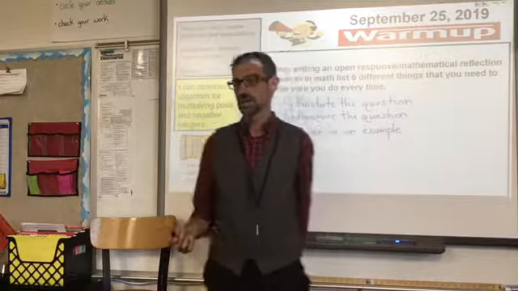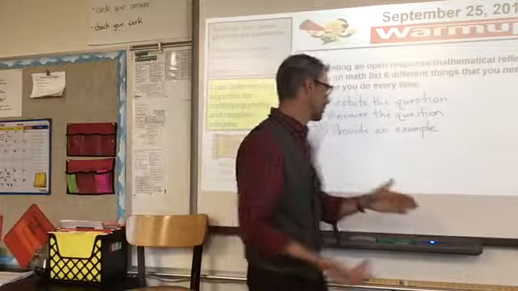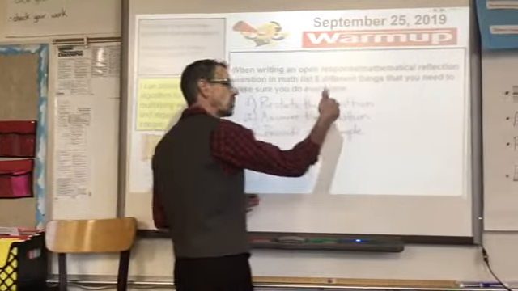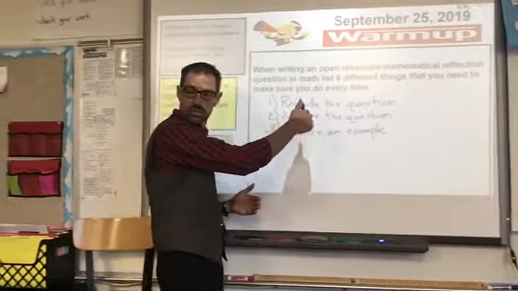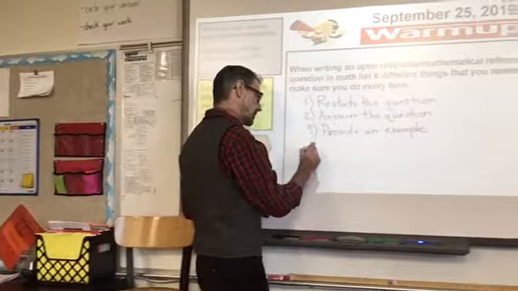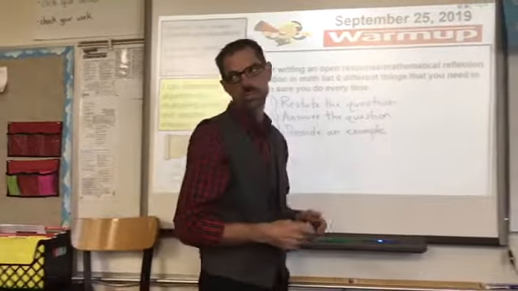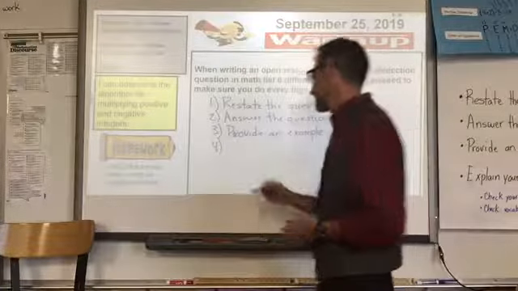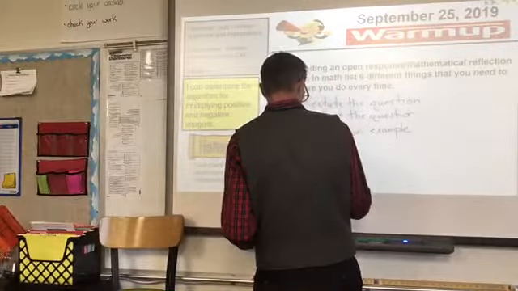Positive 3. Good, yeah. So your example should literally go back to how you answered the question. Okay, Caden, what would be the 4th thing I should do? Explain. Exactly, explain it.